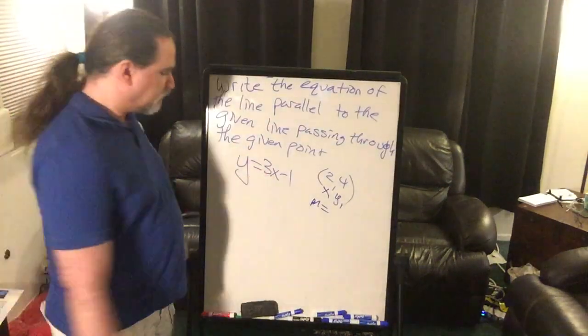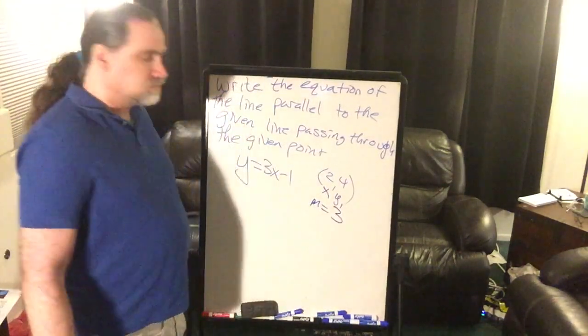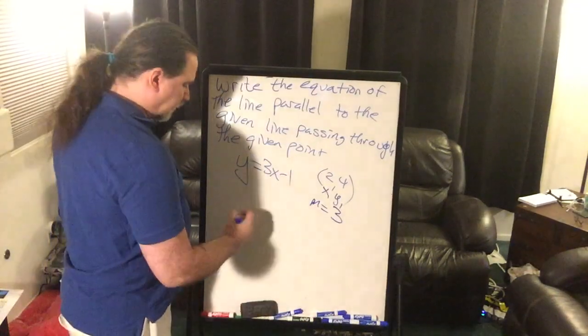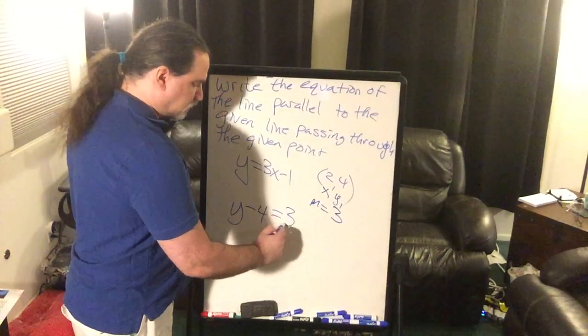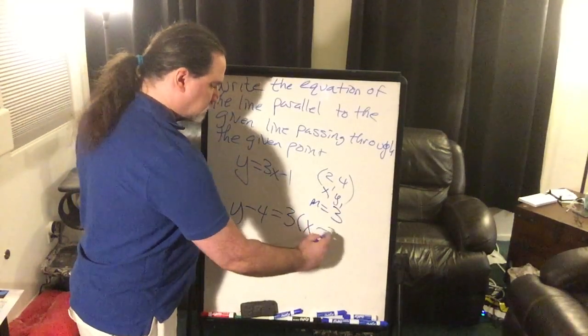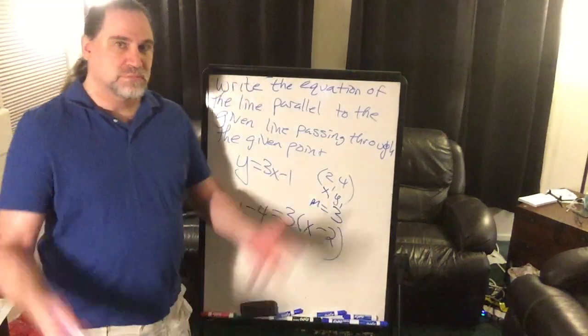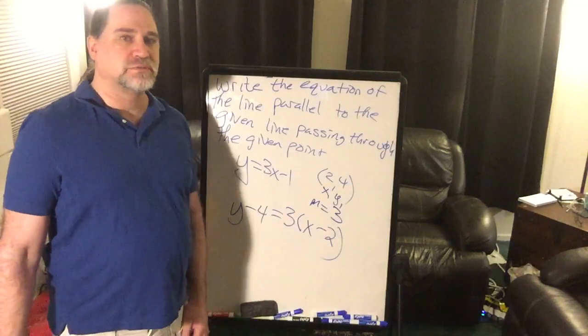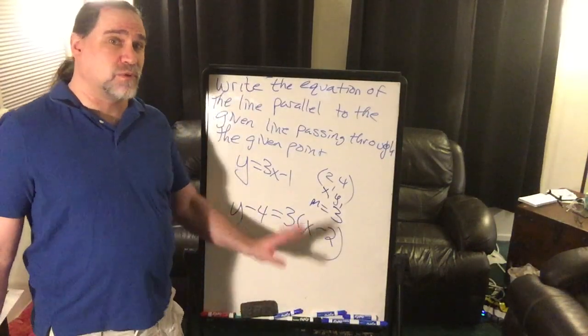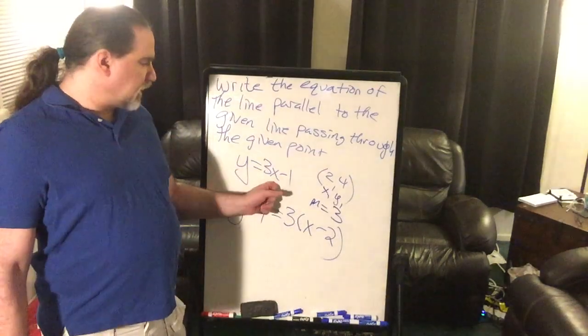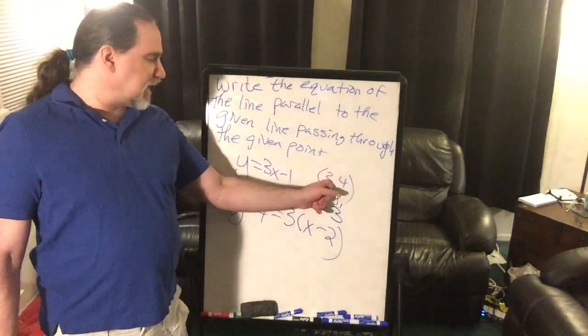So I just grab the number, 3. Ta-da! So now I can write my equation. y minus 4 equals 3 times (x minus 2). And I'm done. I've written an equation, in my case point-slope form, of a line parallel to this line passing through this point.